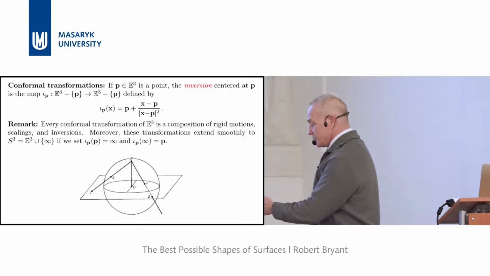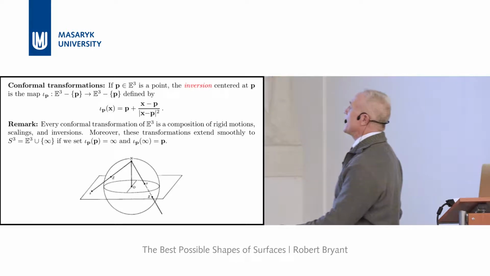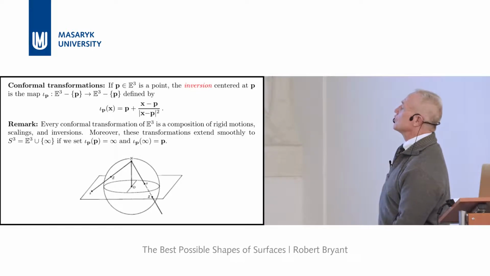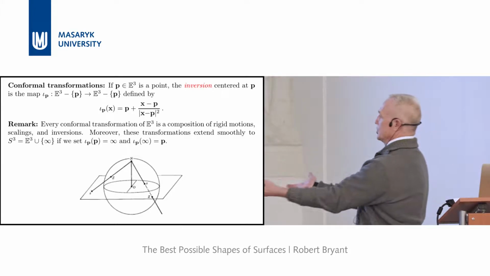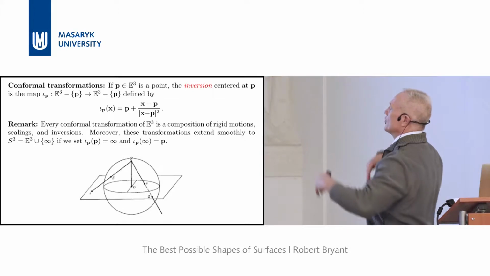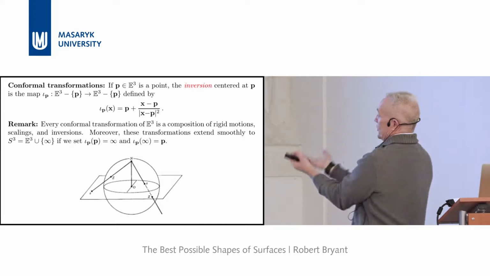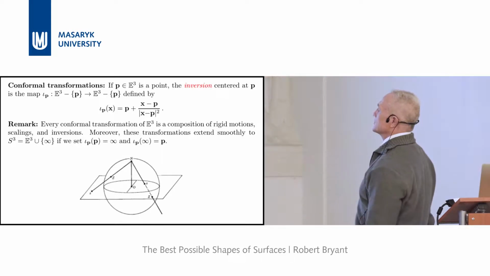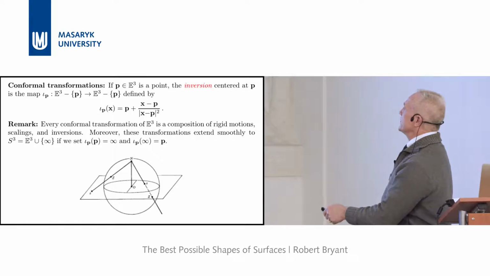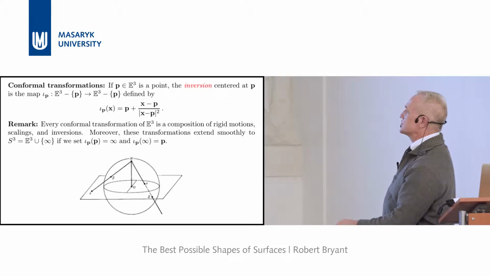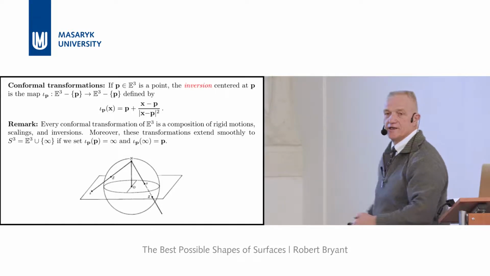But it turns out that if you just add a point at infinity, the usual way of doing this, just like you learn in complex variables, is you do stereographic projection to roll the plane, where in this case a three-dimensional space, up into a three-sphere. Then inversion just switches the point that you're inverting at with infinity, and back and forth.